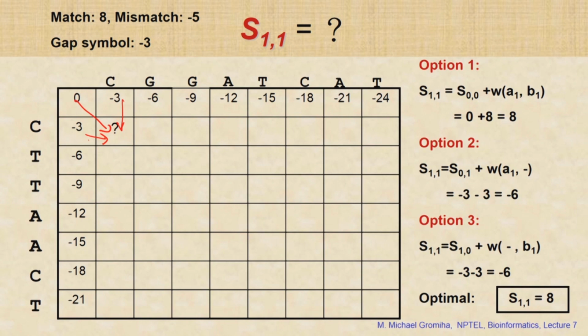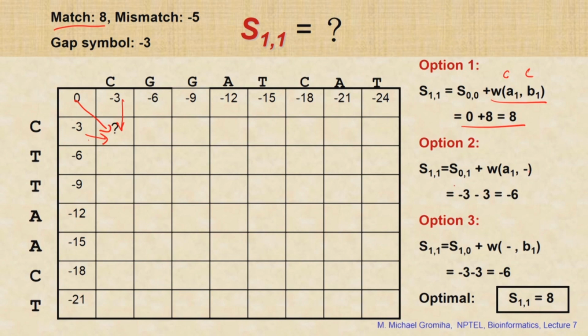So, option 1: 0 came from here, weight of A1 comma B1. Here, what is A1? C. What is B1? C, the match. So, match score equals 8. So, we put 0 plus 8 equal to 8. Then option 2: we go from S11 that is equal to S01 plus weight of A1 comma gap.